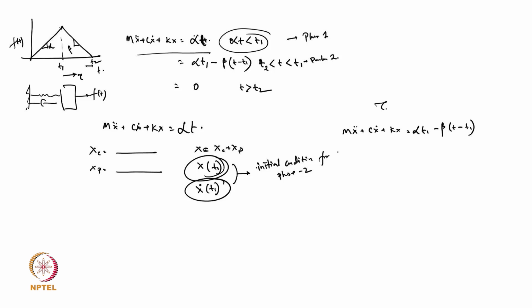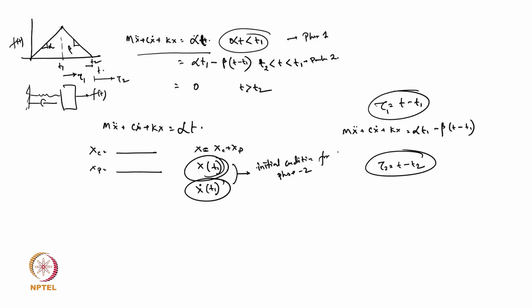Tau will be t minus t1, so that tau starts from 0 and goes up to tau 1. Then again you start tau 2, which will act from t minus t2, so that you take all the things from tau 2.